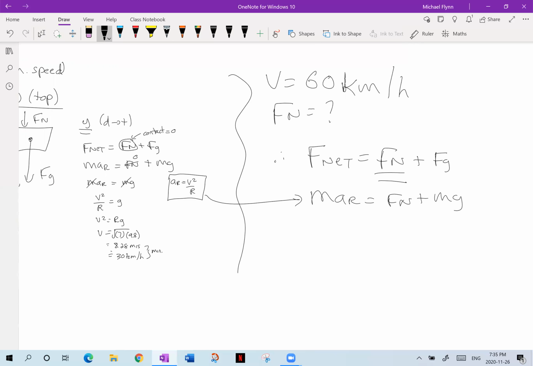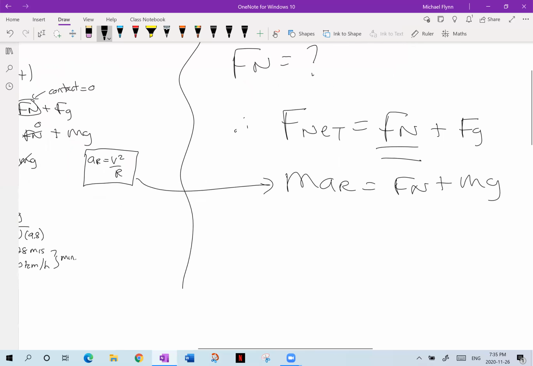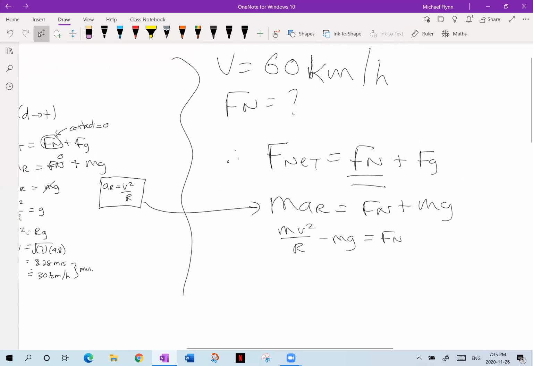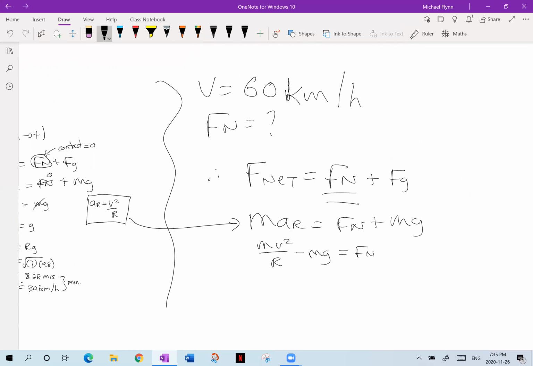I'm going to write V squared over R. Okay, so mv squared over R, sorry, let me rearrange it, minus mg equals Fn. Now I realize that if I'm going to give you this question, I have to give you the mass of the rider. So let's say the mass of the rider is, I don't know, 50 kilograms.